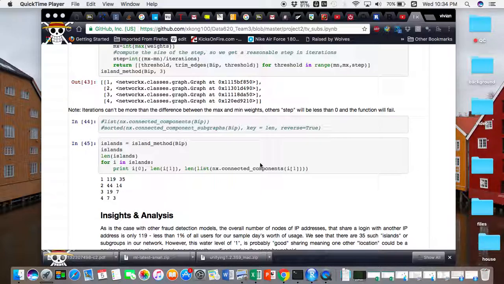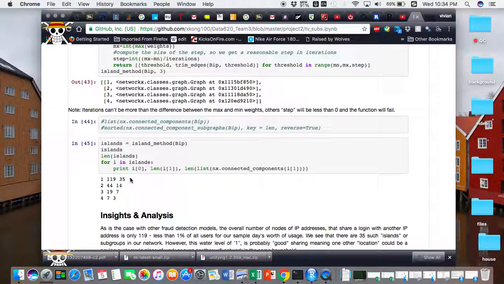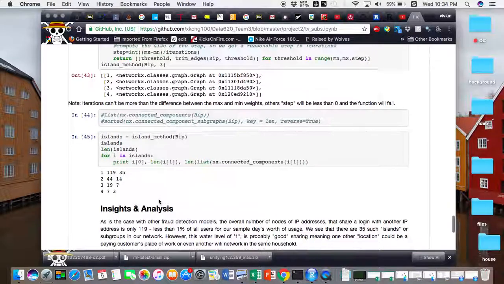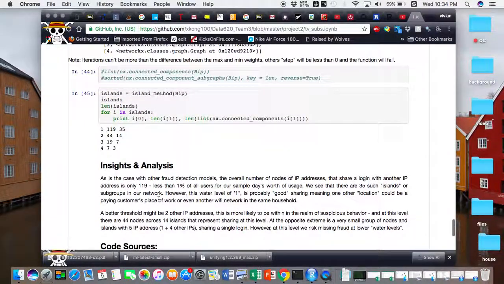It could be work or another Wi-Fi network in the same household, so this will not bring us to caution. It's definitely reasonable. Similarly, there are 44 shares across 14 islands sharing at the same level.